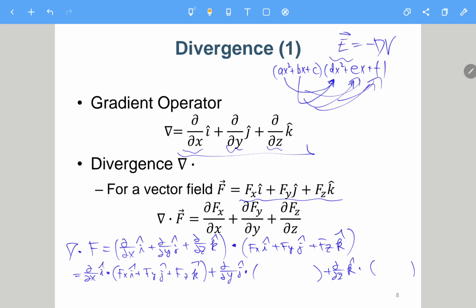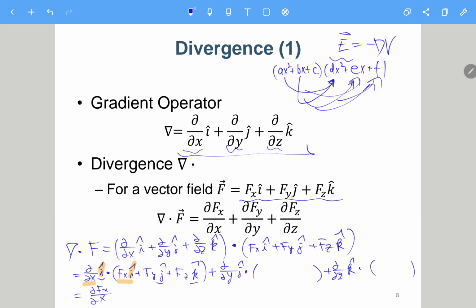The first one, i hat dot i hat, will be 1, so we only have partial fx partial x. The remaining two terms, i dot j and i hat dot k hat, will be 0.